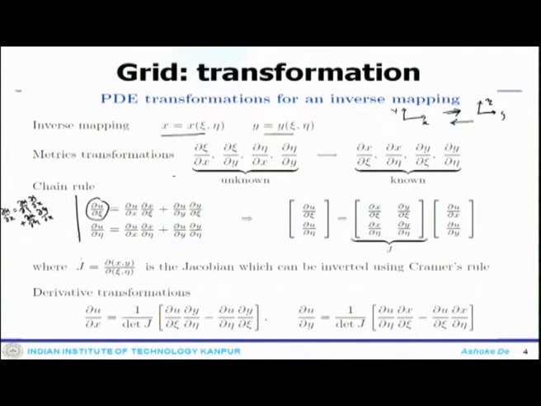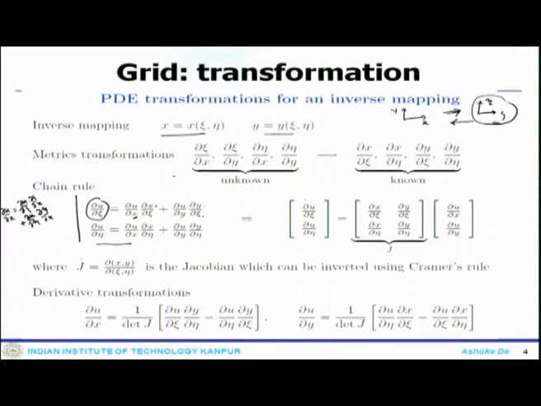Now, in the reverse case, you are trying to find the derivative in the xi eta system. So, del u by del xi will retain del u by del x, del x by del xi, del u by del y, del y by del xi, and similarly del u by del eta.